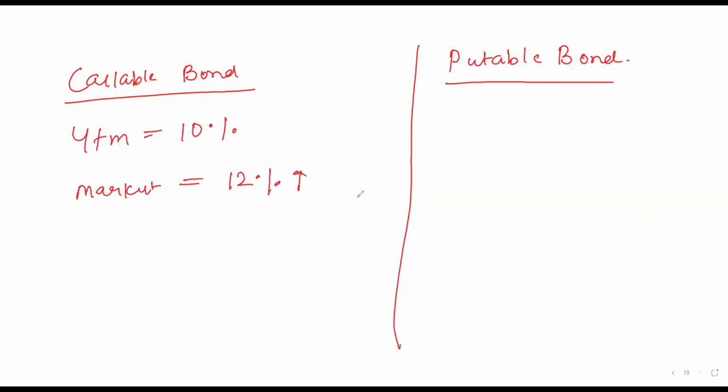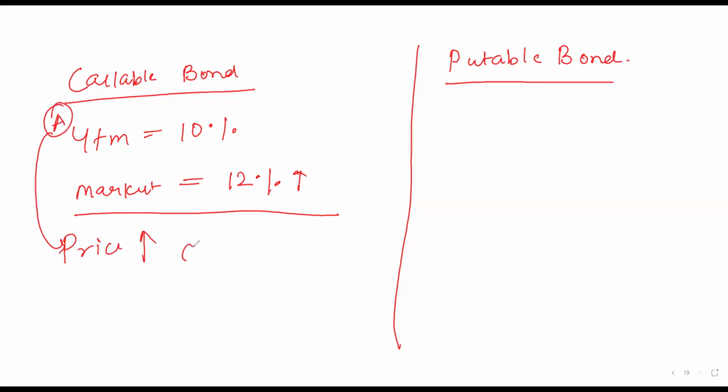So there was an interest rate hike in the market and the interest rate went to 12%. The question is whether the price of this bond A will rise or fall. Think about it for a second and let me know.